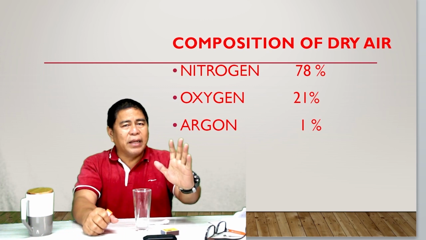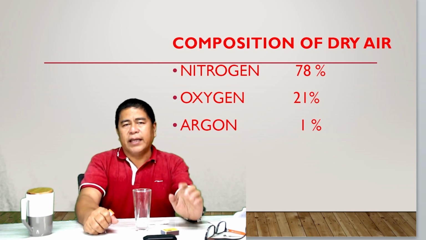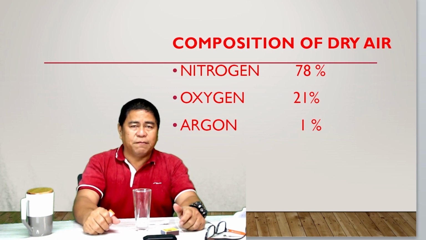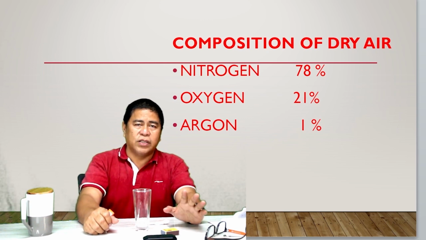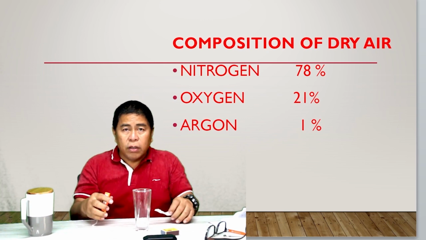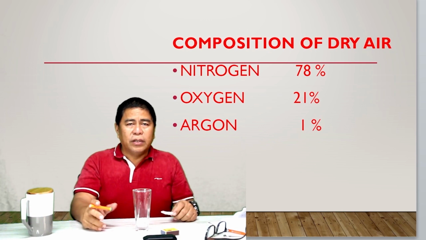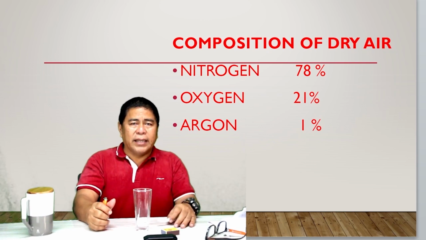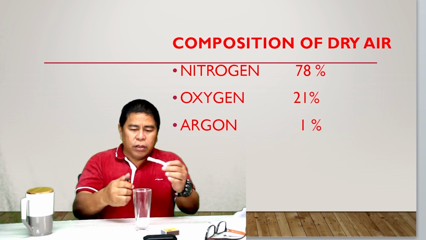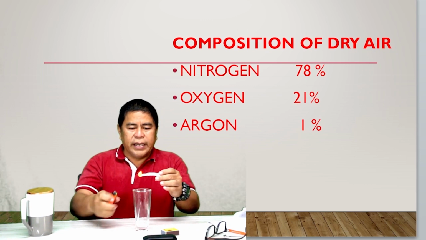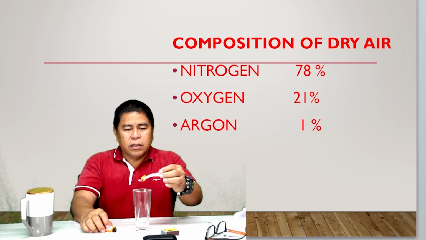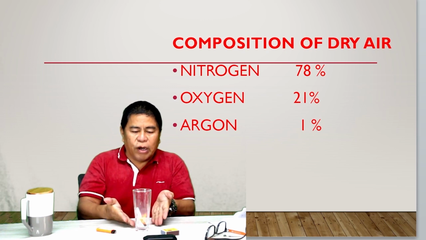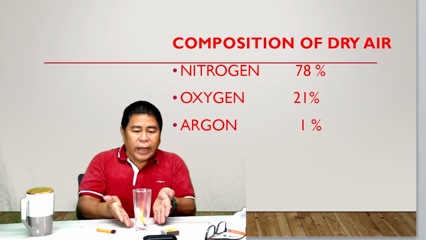So, sinabi natin doon sa ating unang usapin na ang fire triangle composes of heat, oxygen, and fuel. So, I'll just prove to you na gaano ka-important ang oxygen. So, okay. So, sisindihan natin ito. Nakikita nyo, this is an example of fuel.